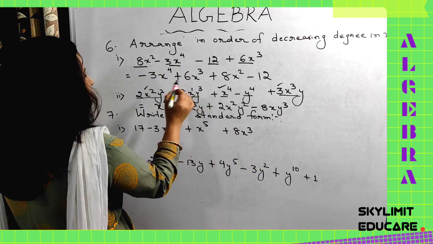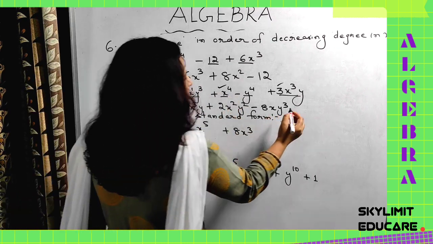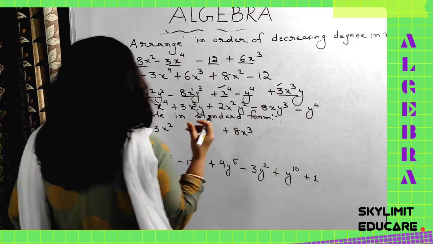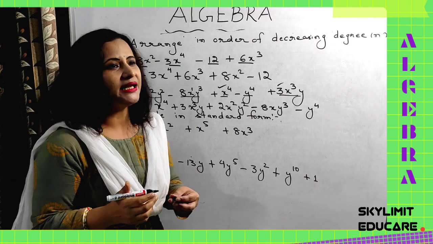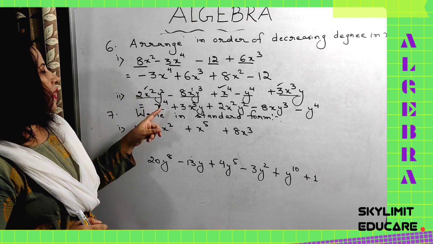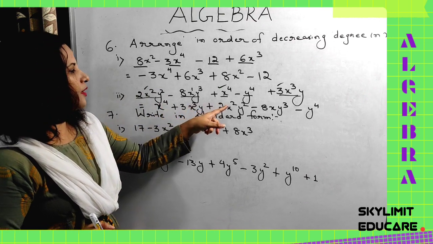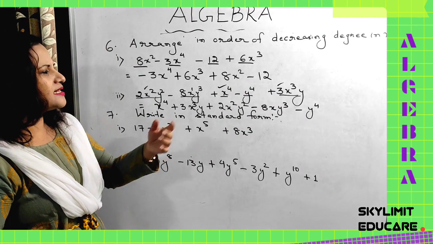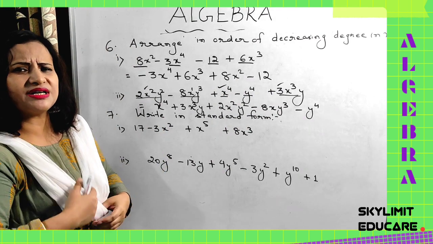And lastly, what is remaining? Minus y to the power of 4, because you are asked to arrange in the decreasing degree in x. So this is the correct answer. X having power 4, power 3, power 2, power 1, and the last one is y to the power of 4, where we can take the power of x as x to the power of 0.